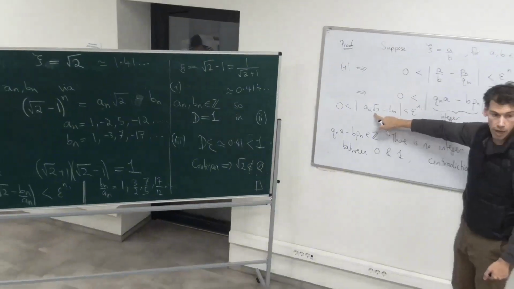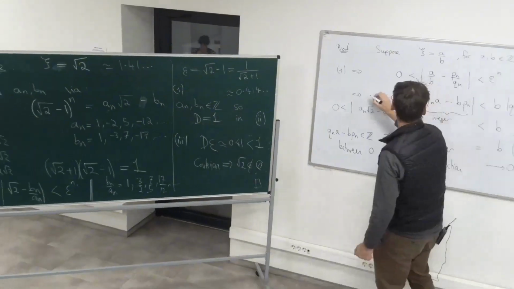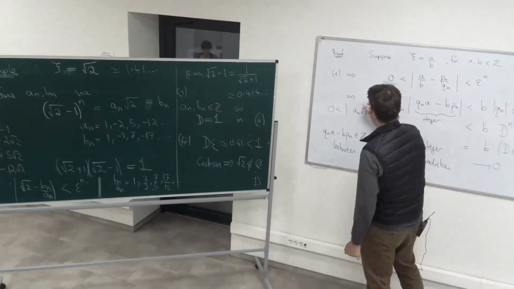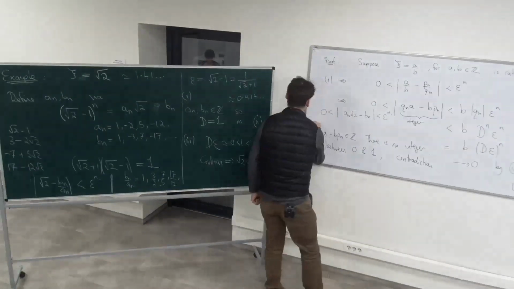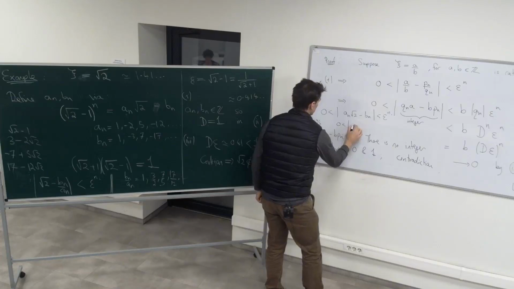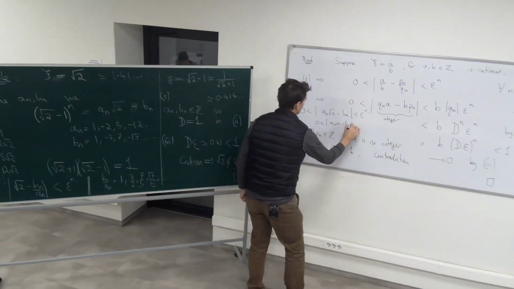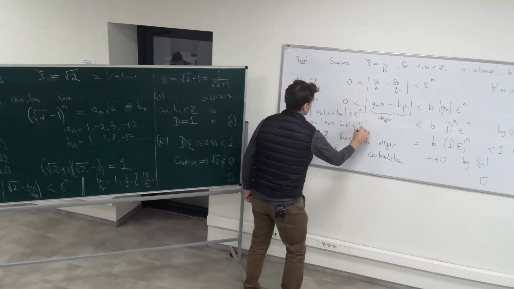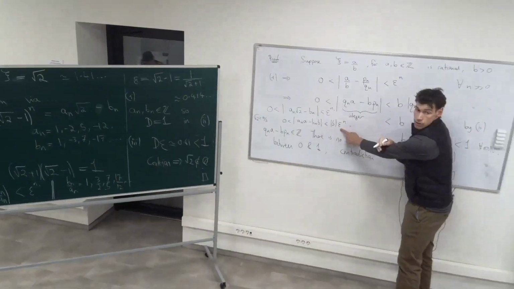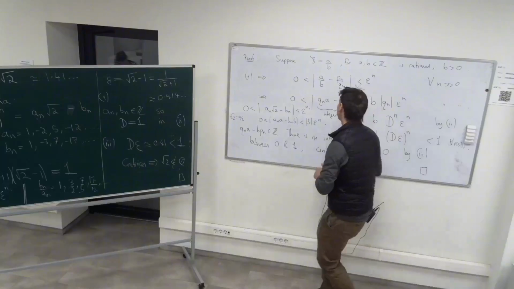So if root 2 were rational, let's say a equals a over b, then we get 0 less than an a minus bn b is less than b epsilon to the n. So this is an integer, and this is going to 0. Sorry, yeah.